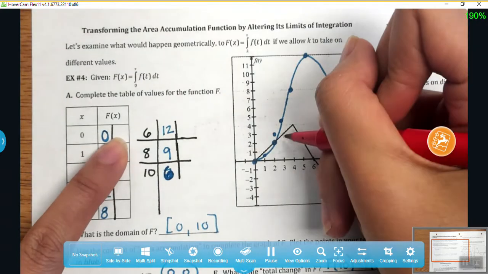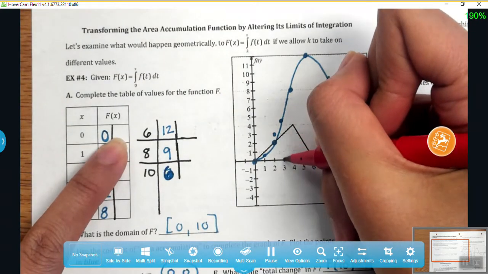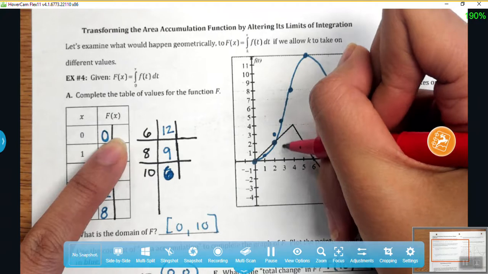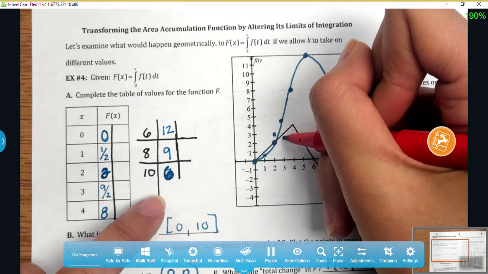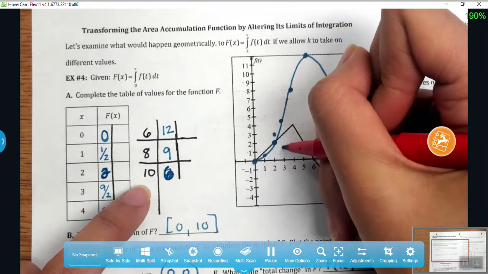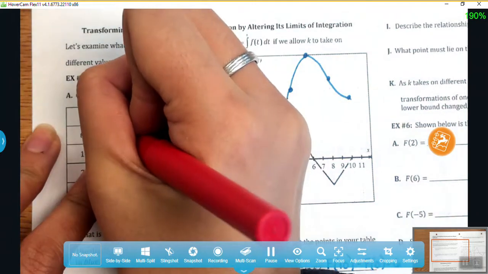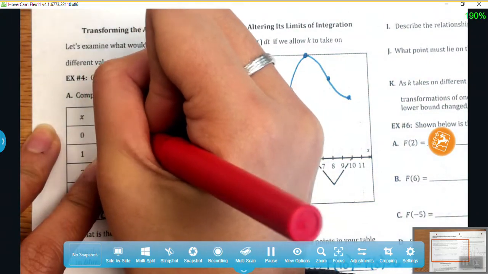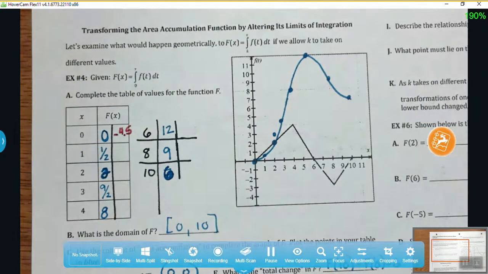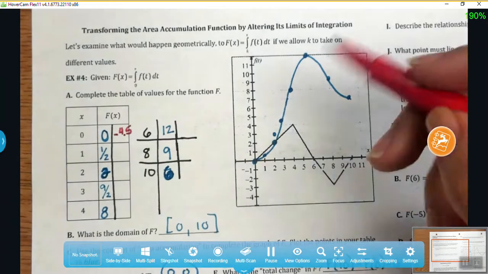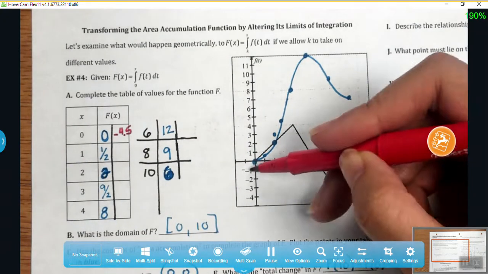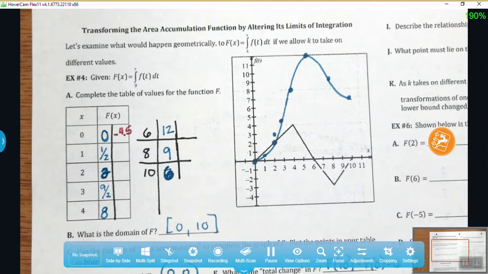So how do I find the area from 3 to 0? It's negative what? Yeah, negative 4.5. Because you're going backwards, so it's positive area, but since you're going from 3 to 0, it's negative 4.5.